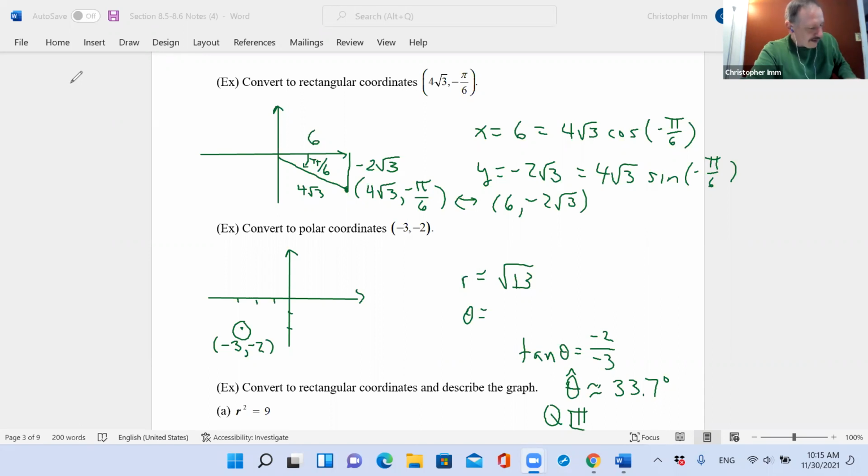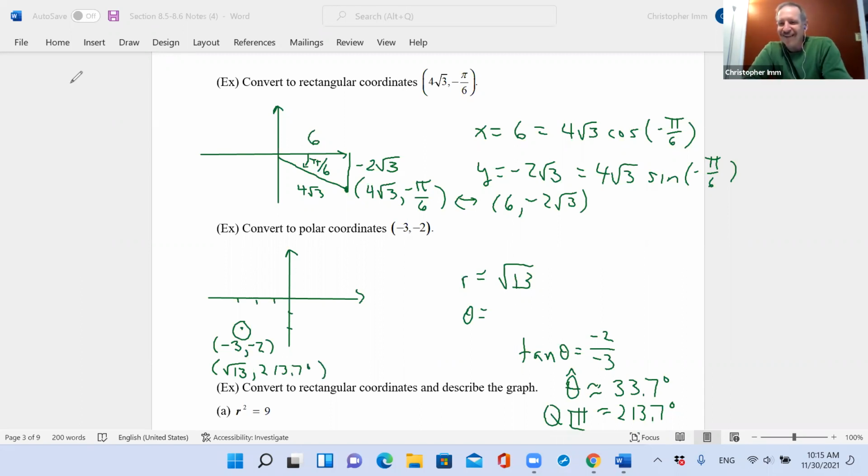So that gave me 213.7 degrees. So yeah, perhaps one possibility could be square root of 13, 213.7 degrees. So we just need to figure out which quadrant we're in there.